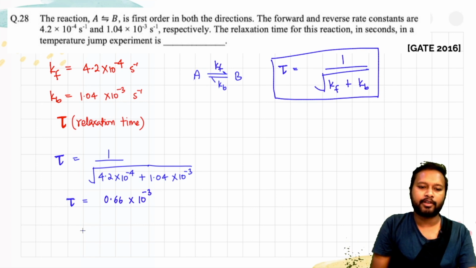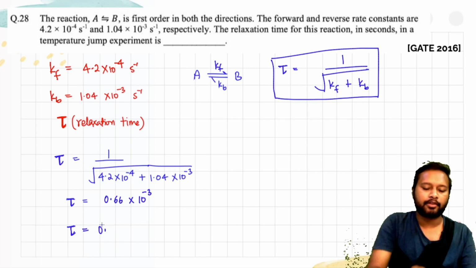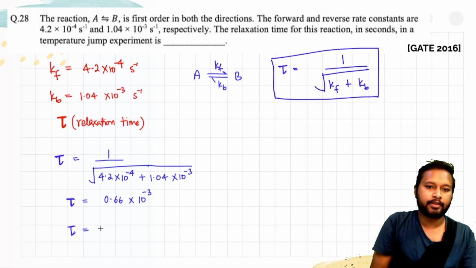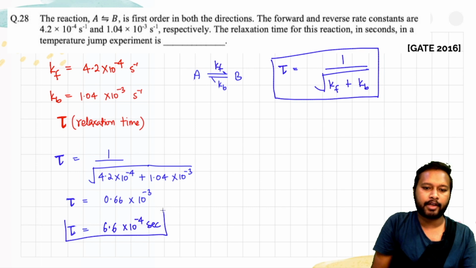Once you have got this, you can write it down. Sorry, you are going to get the answer as 6.6 into 10 to the power minus 4 seconds. So this is going to be your relaxation time. Now in the question there is a misprint.